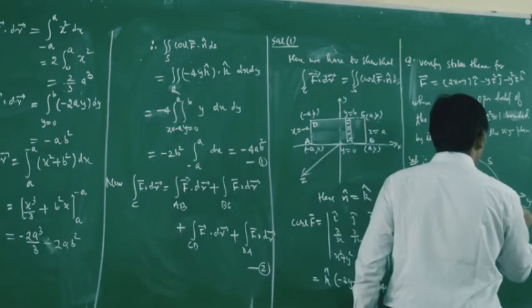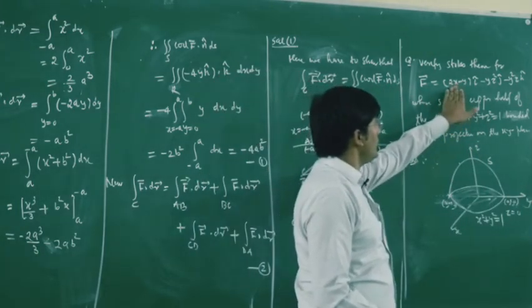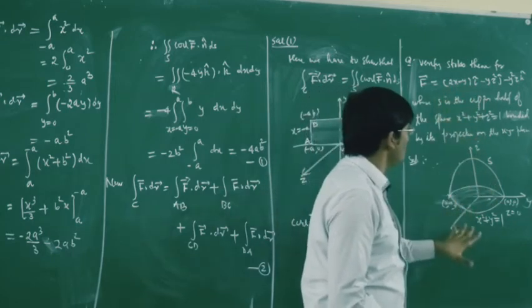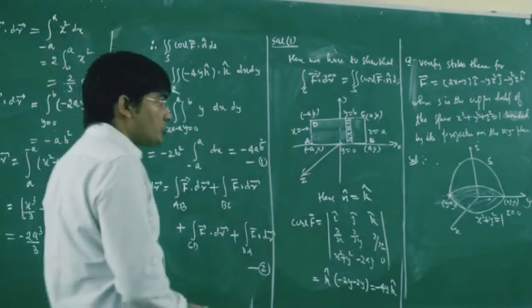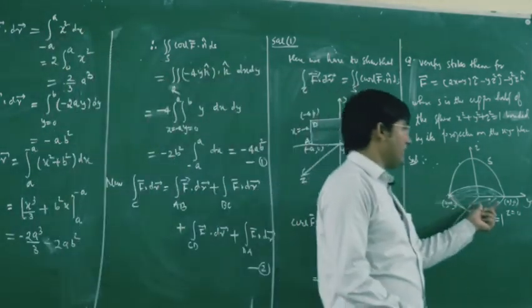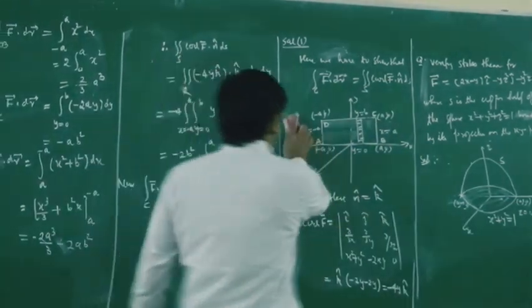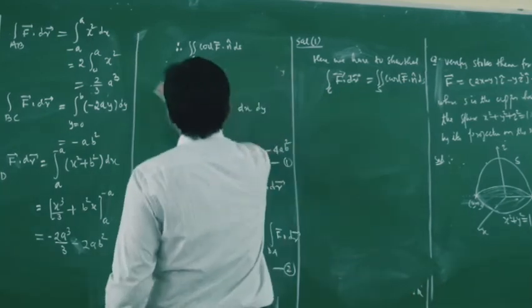This is your plane z equal to 0. So we have to verify this Stokes theorem for the upper half of the sphere, which is bounded by the projection of this sphere in the xy plane. Okay. Now for that we have to show that this line integral is the same as the surface integral.